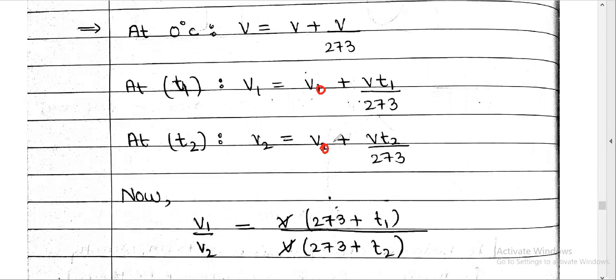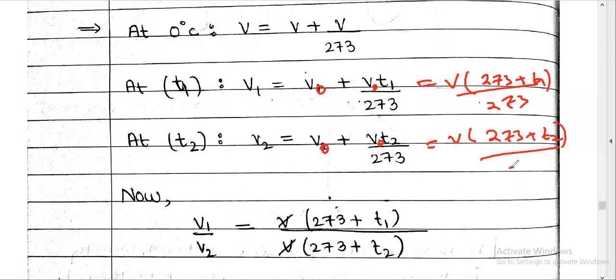So if you divide V1 by V2 and take the LCM, you get V1 = V0(273 + T1)/273. In the same way, V2 = V0(273 + T2)/273. Yes or no? Here V0 is your initial volume.